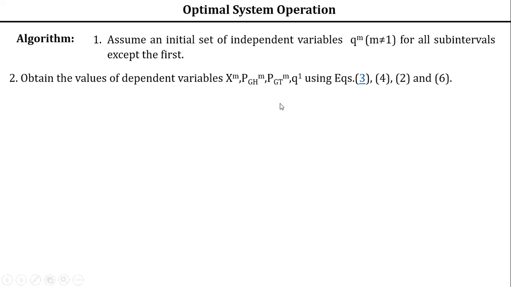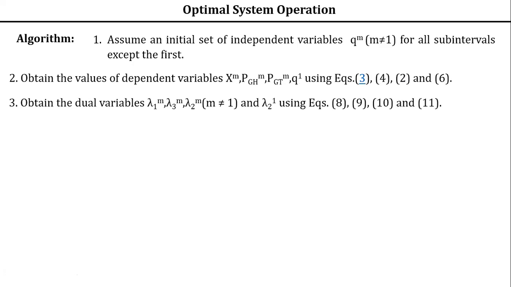These are your dependent variables from equations 3, 4, 2 and 6 respectively: Xm from equation 3, PGH from equation 4, PGT from equation 2, Q1 from equation 6. You have to solve them. First step is to assume all the independent variables except one variable, which is treated as dependent. Then the second step is to obtain the values of all dependent variables using the respective equations. Clear?